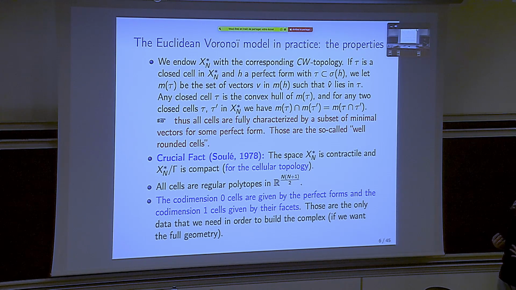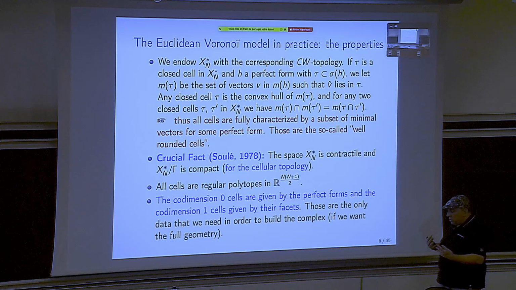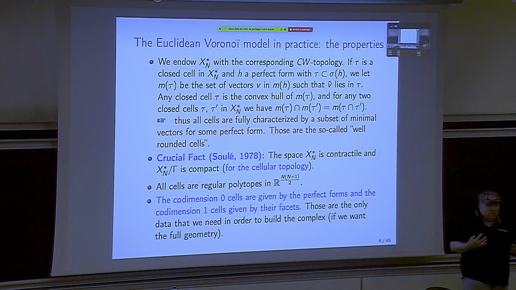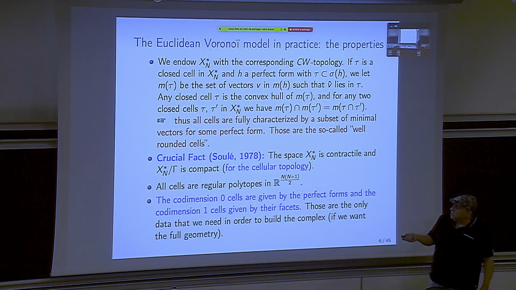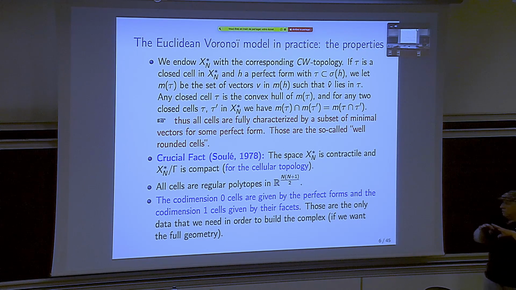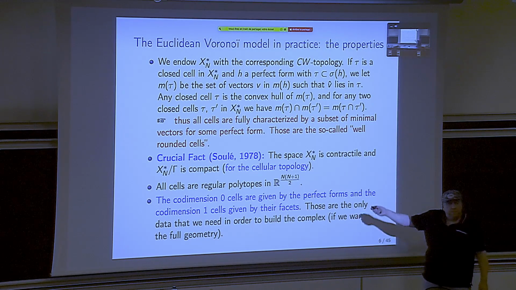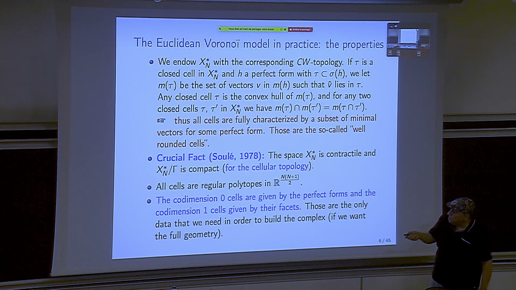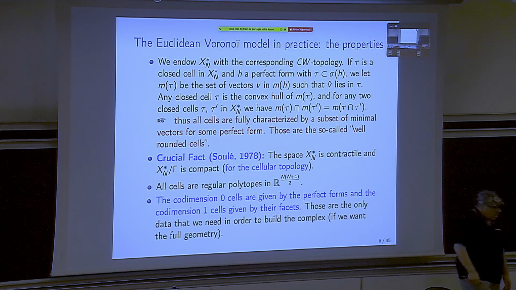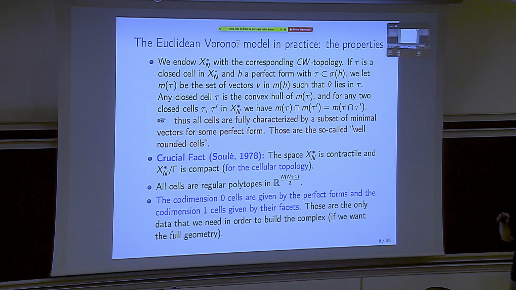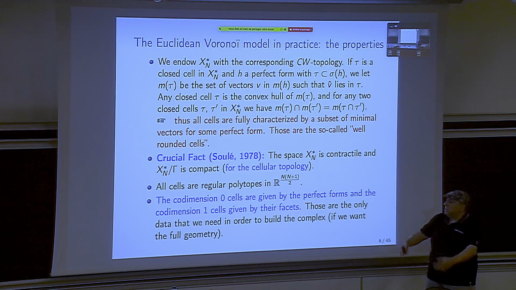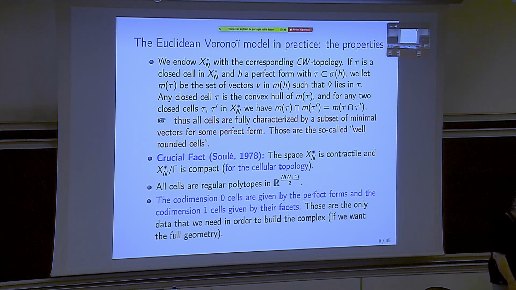So, concretely, from the computational view, you need two things. The first one is, of course, the perfect forms, which will give you the codimension 0 cells, and the facets of the sigma h, which give you the codimension 1 cells. And once you have that, you can build the full geometry of the complex or the Voronoi space.